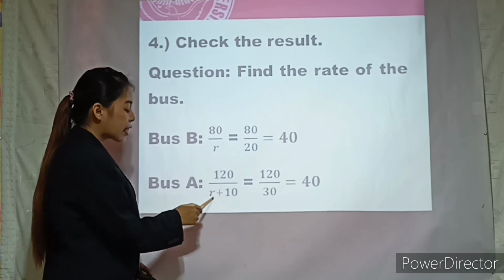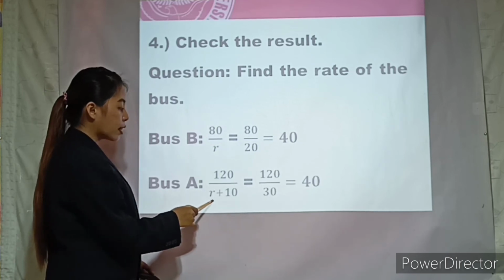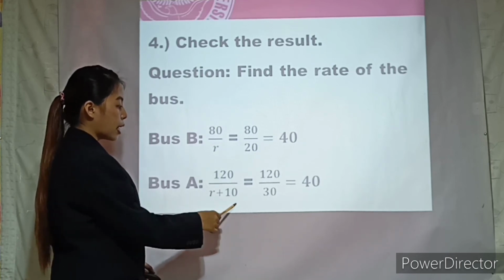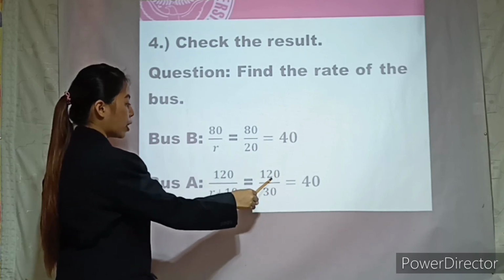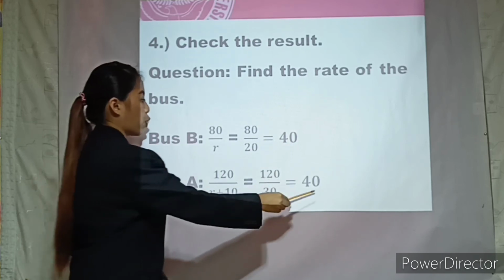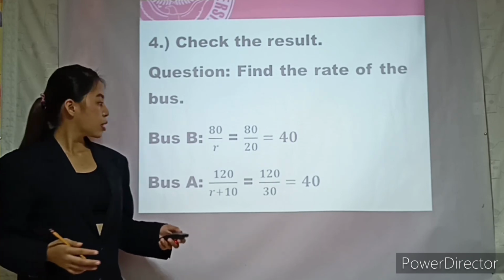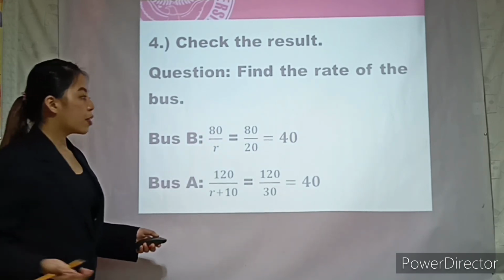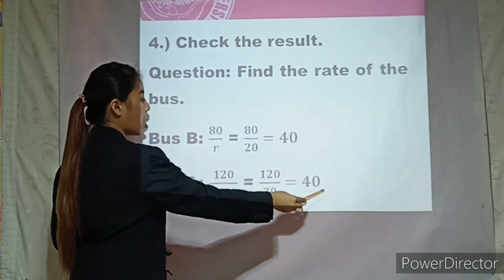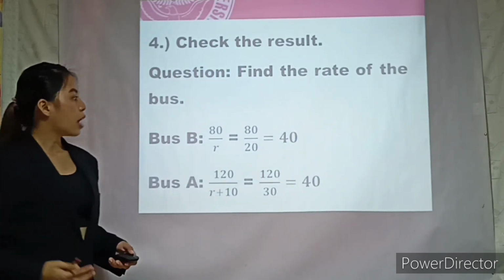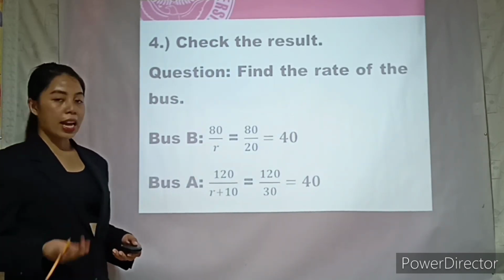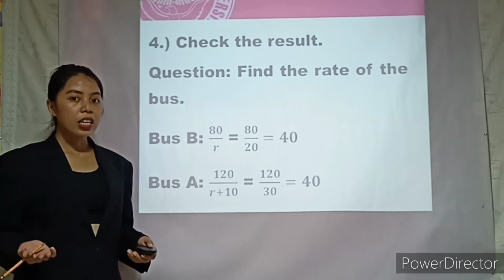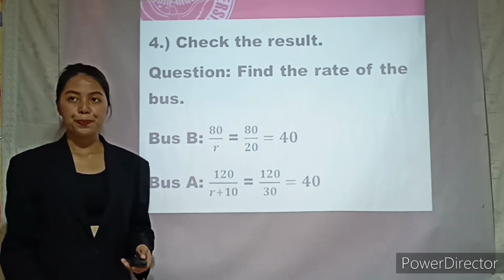Since our R is 20, 20 plus 10 is 30. So 120 divided by 30, that is 40. Since both bus B and bus A have similar answers, then the rate, or the R, is correct.